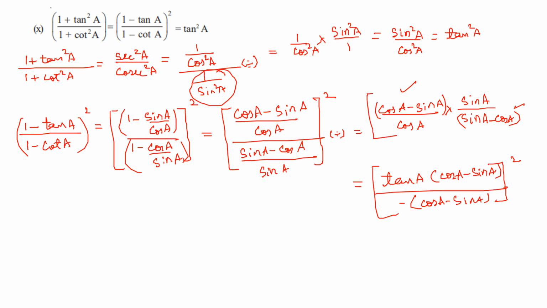This is also a whole square. Now this will get cancelled. So I will be left with minus of tan A whole square. And you know that if the power is an even number, then minus will become plus, isn't it? So answer is only tan square A. And you can see in both the cases you got tan square A as answer. So that's what you have to prove.